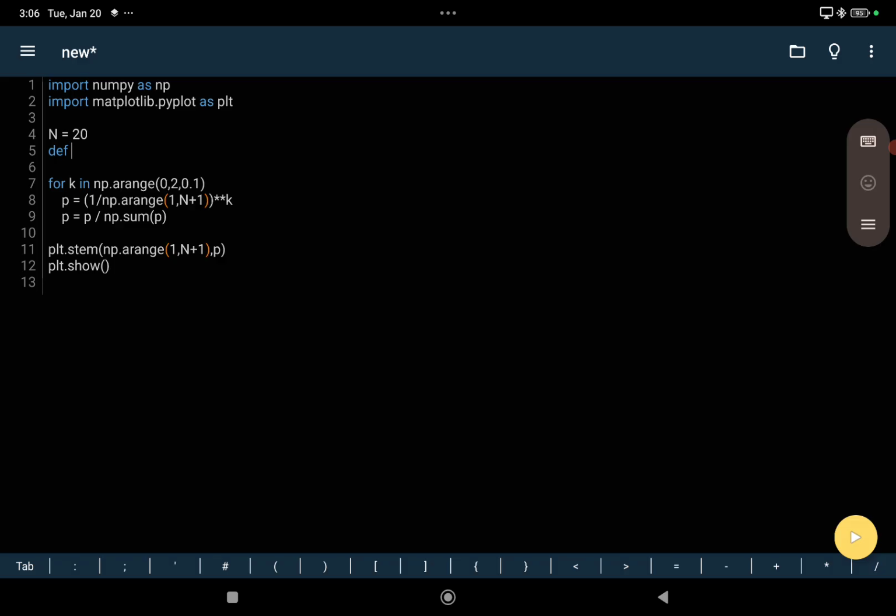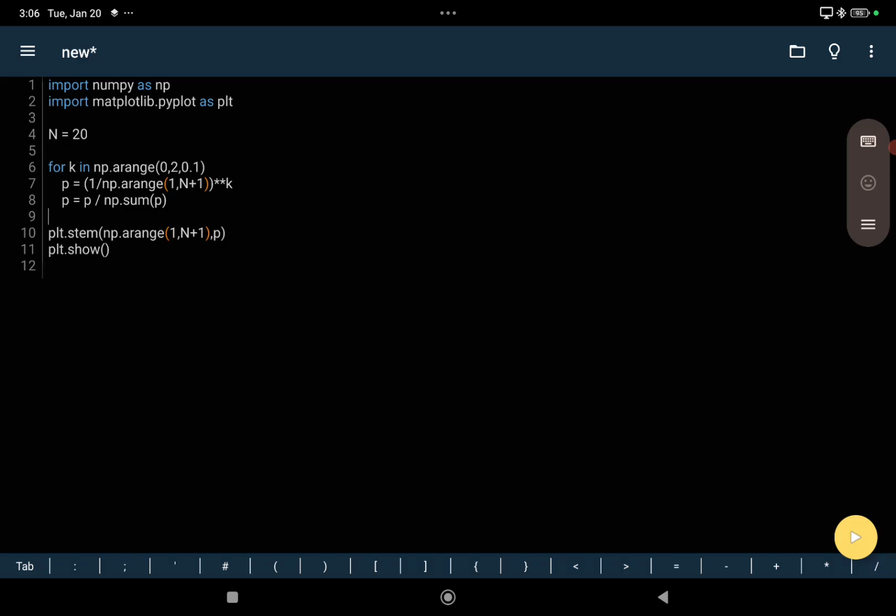And let me store all of the entropies in an array. This is minus sum of p times log of p.